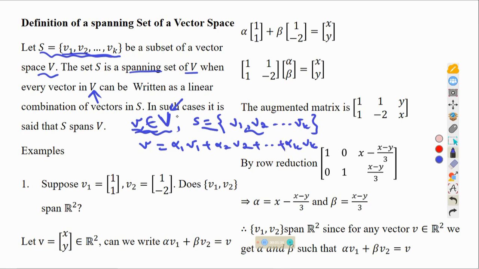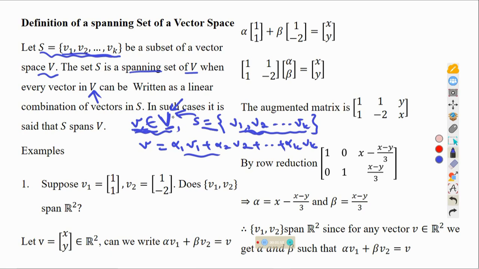So if you are able to get any vector from this given set V, such that you can write that vector as a linear combination of the vectors in this given set, then we shall say that this subset here spans this given vector space.